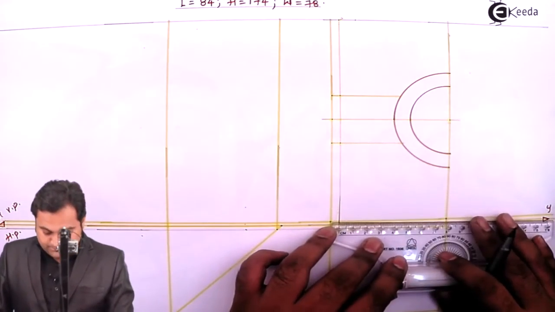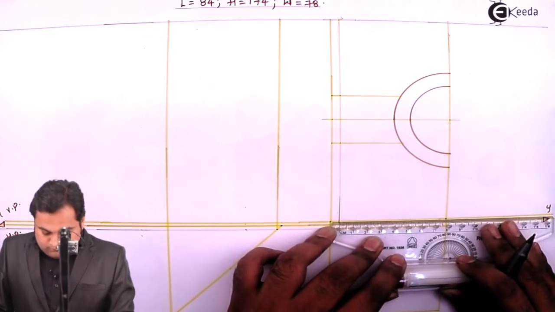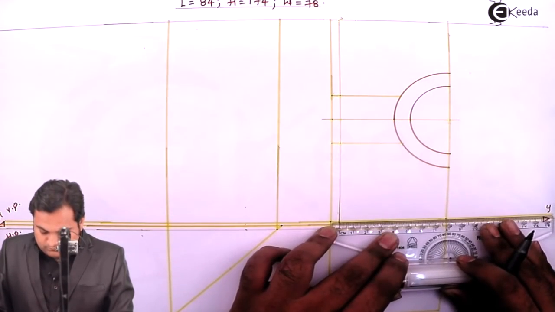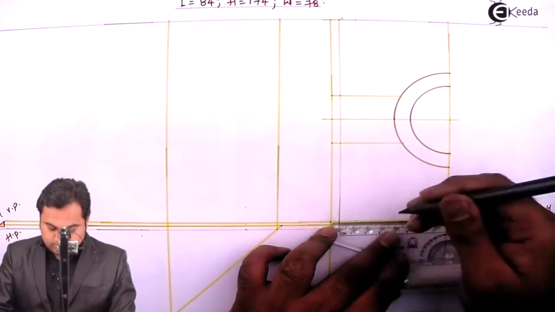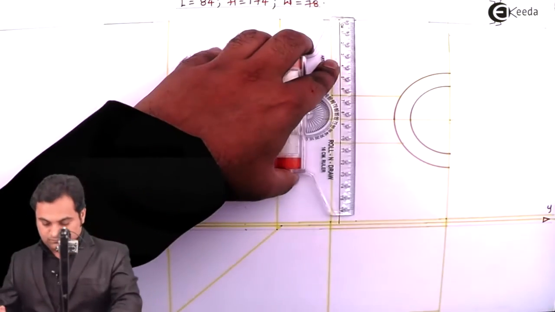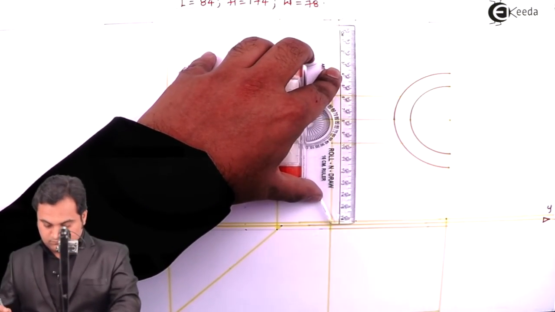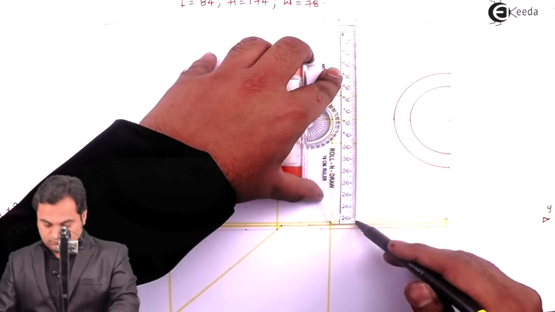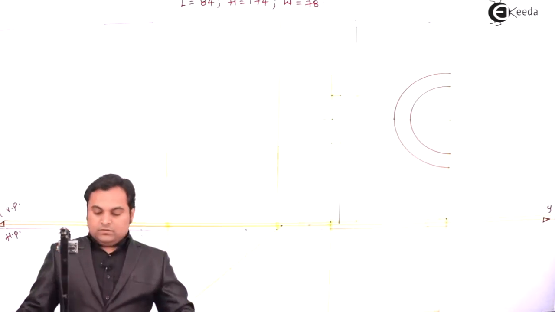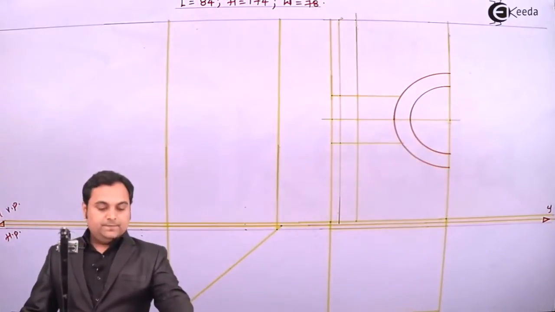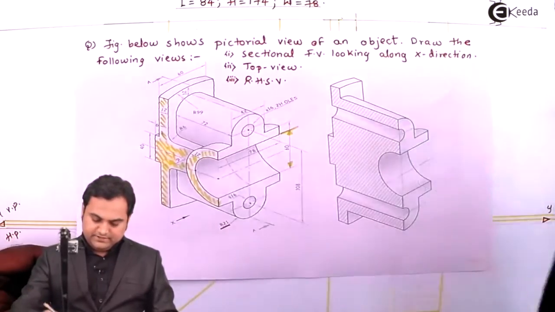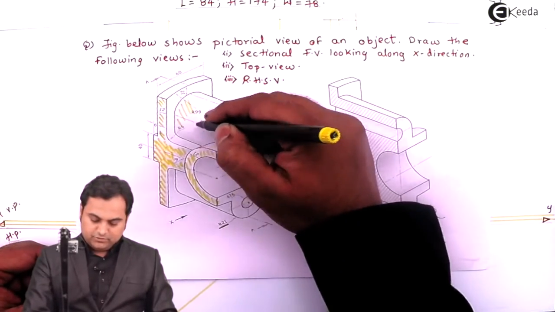Similarly here, getting this plate, then looking from front, in that case this rectangle will also be visible.